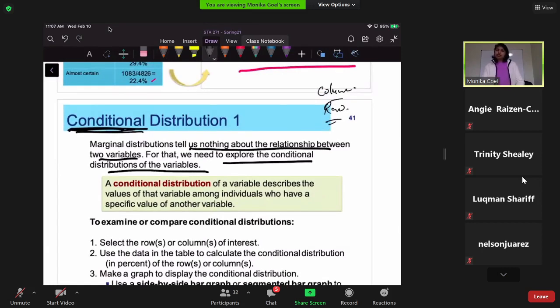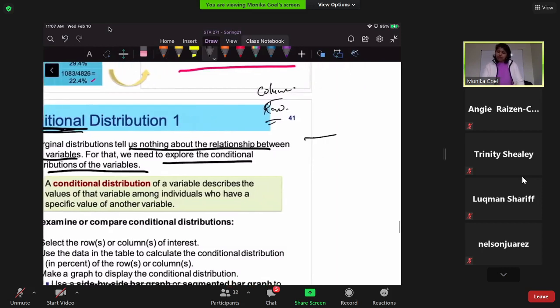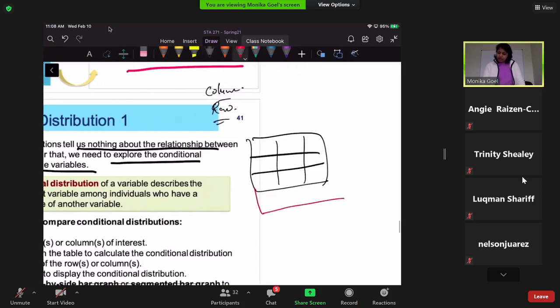For conditional distribution, the first thing we need to do is work with the marginal distribution. If I have a two-way table, first of all, I need to create an extra row and extra column, or you can say I need to make the margins. Once I make that margin, this is your total, and then total, and this is your sum total, the sum of all the rows and all the columns.